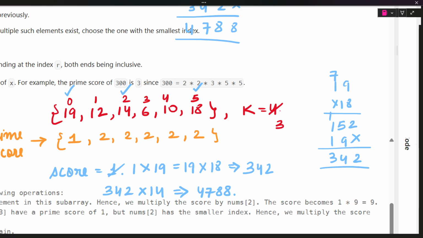Okay. When it was 4, we got the answer 19.